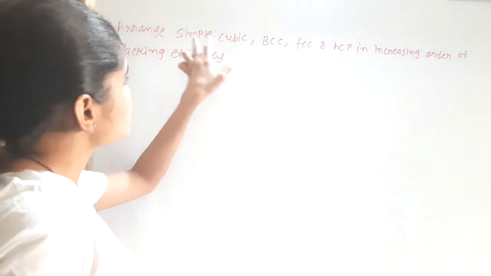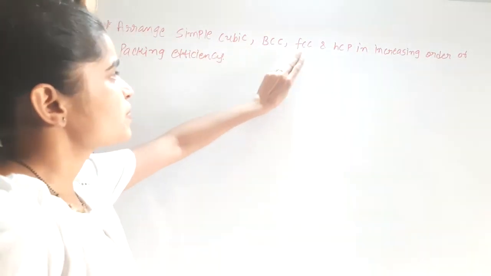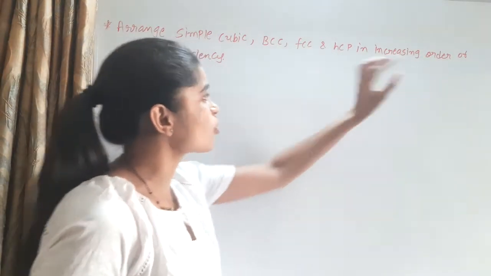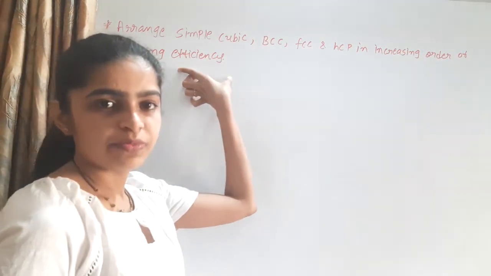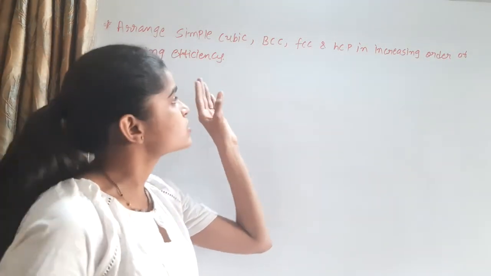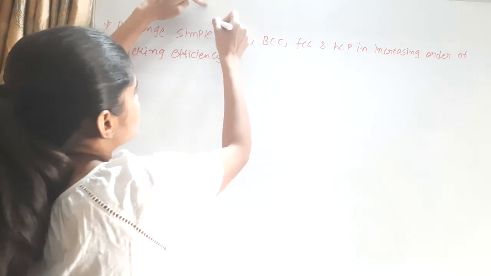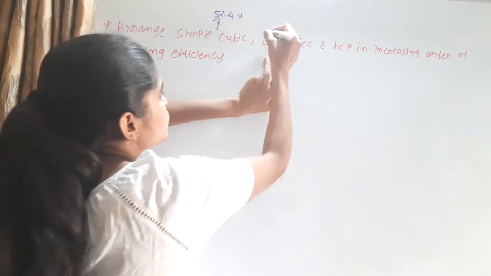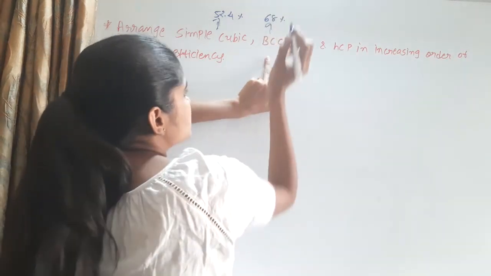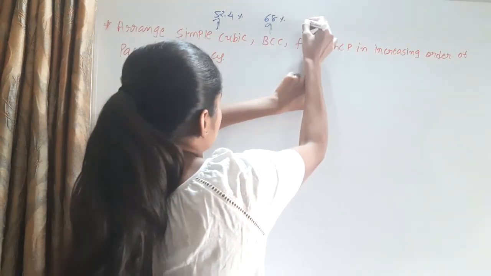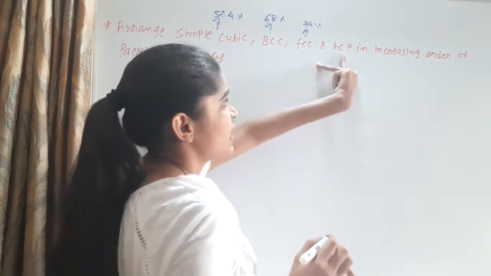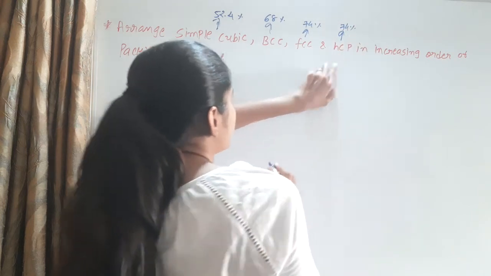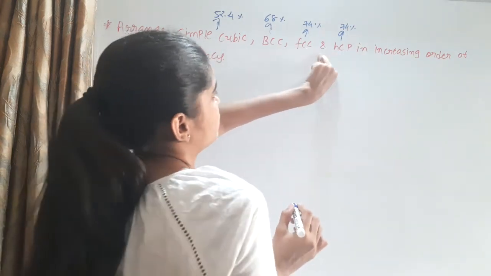Next, arrange simple cubic, body center cubic, face center cubic and hexagonal close packing in increasing order of packing efficiency. We know that the packing efficiency of simple cubic is equal to 52.4%, body center cubic 68%, FCC 74% and HCP also 74%, because of the same arrangement.